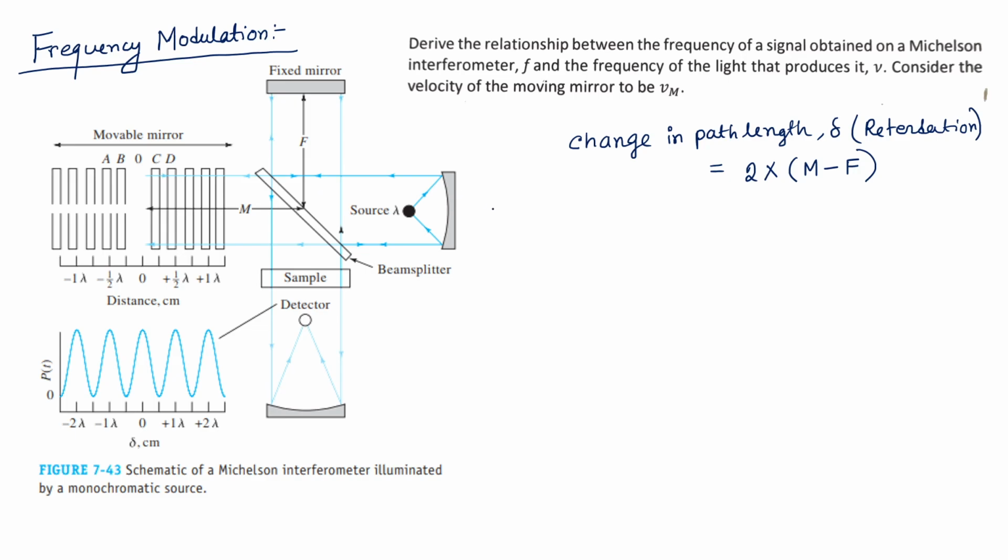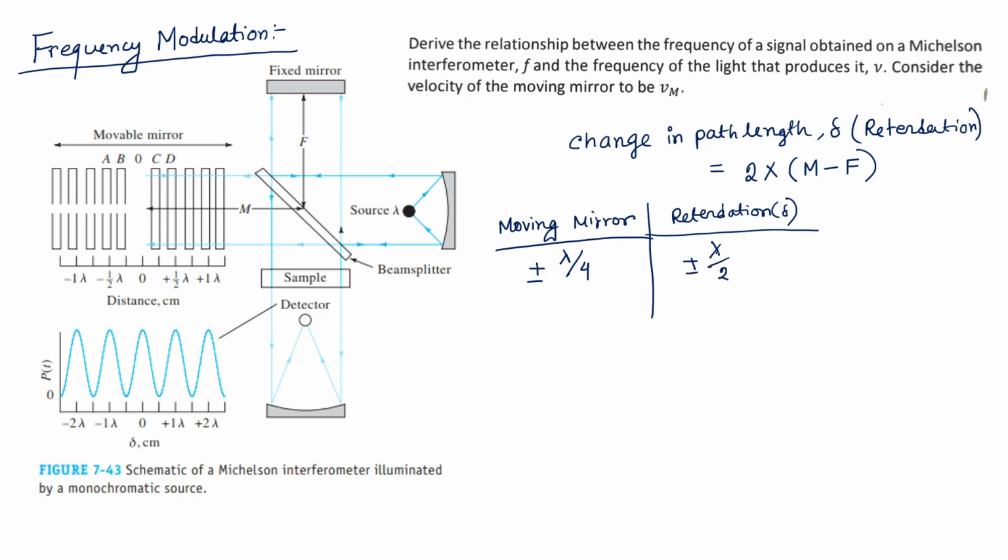Suppose I move my mirror by plus minus lambda by 4, then my retardation will be plus minus lambda by 2, right? When I move my mirror by plus minus lambda by 2, my retardation would be plus minus lambda.